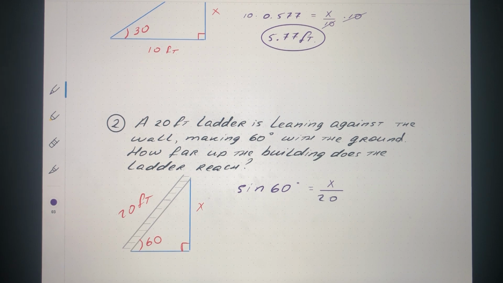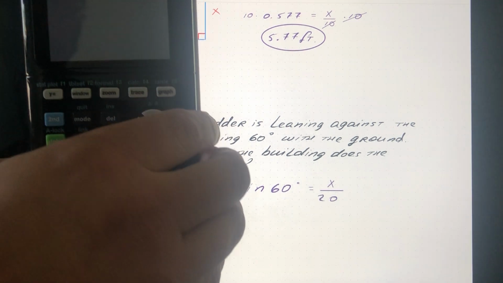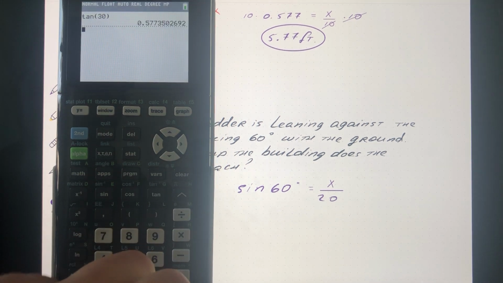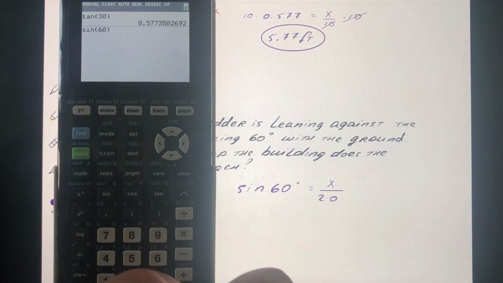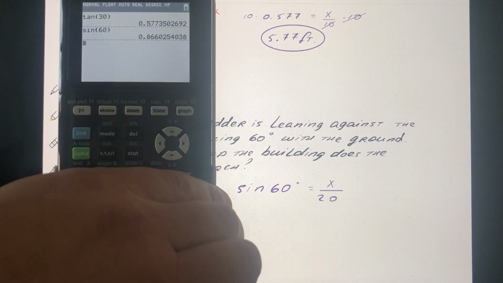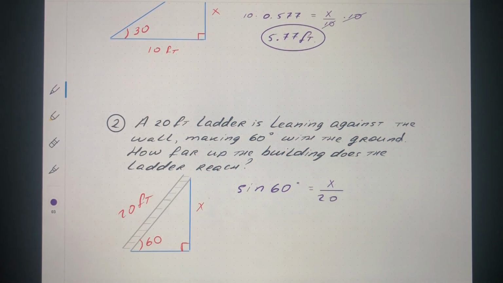Once again, we go to the calculator and type in the sine of 60 degrees, and we get a decimal. All we need to do is multiply it by 20. So we have 0.866 is x divided by 20. Canceling the division, we multiply both sides by 20 and we are done.